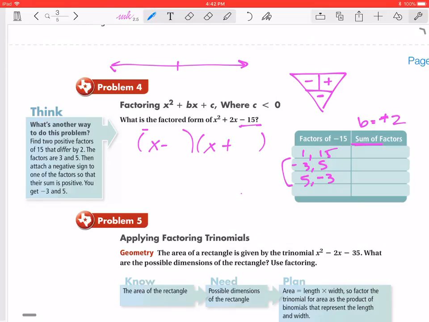But this should be negative 5 and positive 3. Negative 3 plus 5 will give us positive 2. Negative 5 plus 3 will give us negative 2. This here will give us 16, and so on and so on.